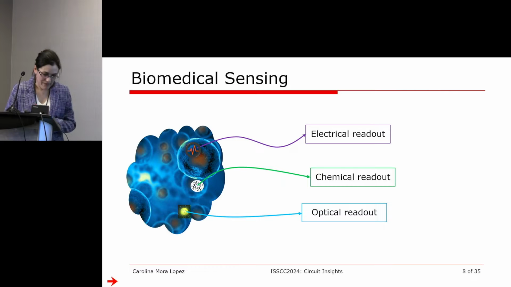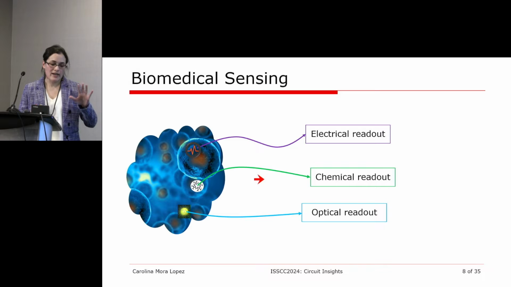And this can be done with three different methods as shown here. We can have electrical interfacing with this biology, or a chemical interfacing, and there's also some optical methods to interface with biology.